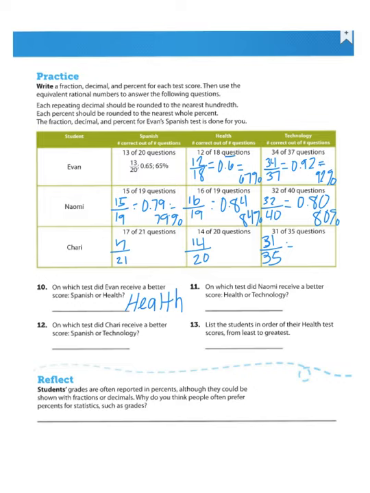So Naomi on health got an 84%. And on technology, she got an 80%. So she also received a better score in health. So then once you get Sherry filled out, you'll answer number 12 and number 13.